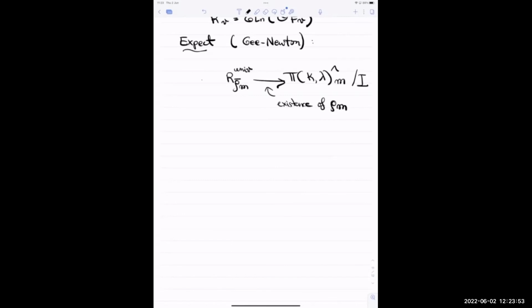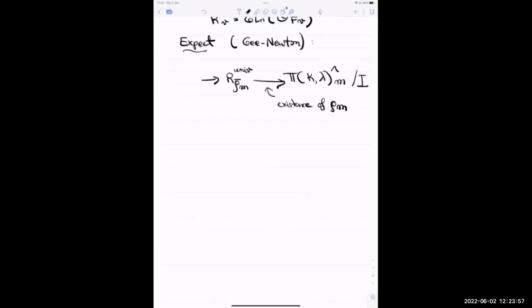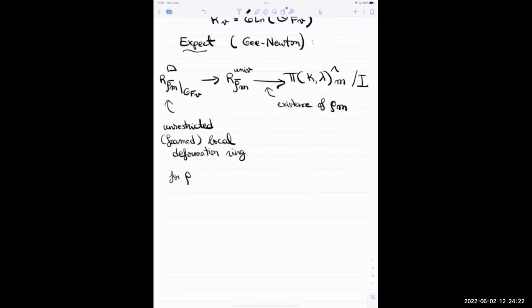There is a map, just by restriction to the decomposition group at v, from the local, so this is the unrestricted framed local deformation ring for rho_m bar restricted to G_{F_v}.